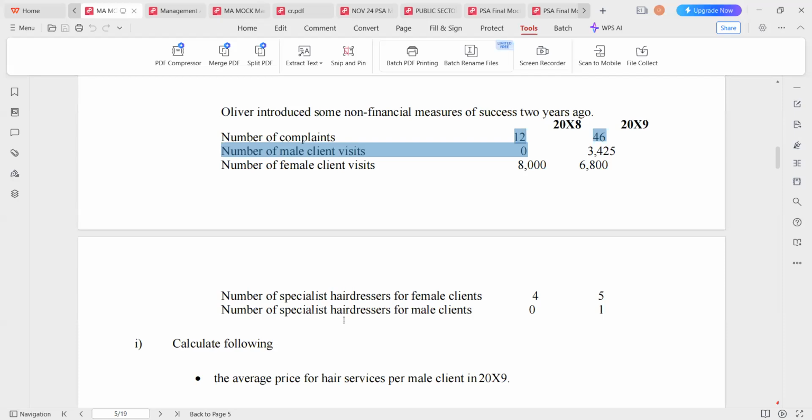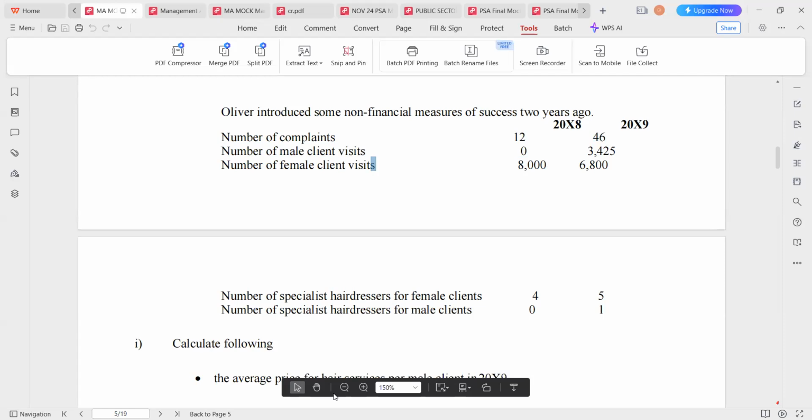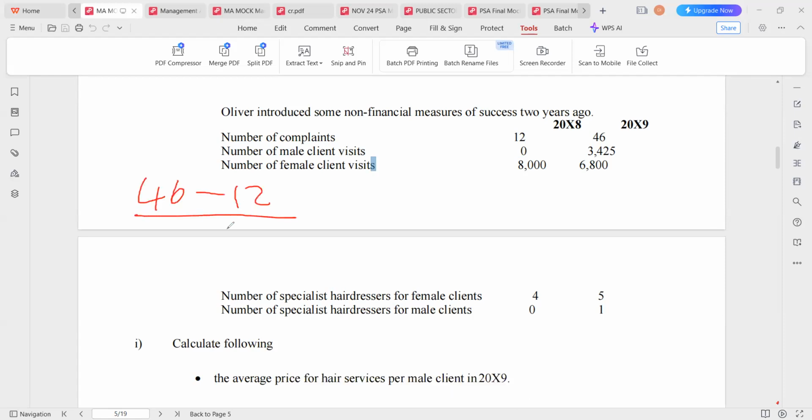So what's the percentage change? 73.91%. It should be much more than that, because it's 46 minus 12, all divided by 12 times 100.